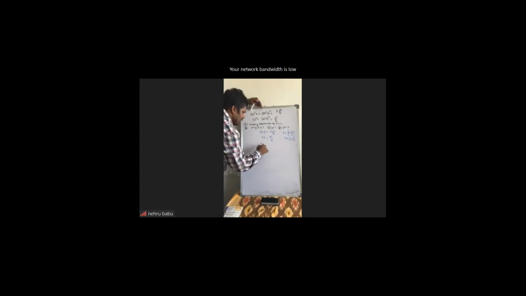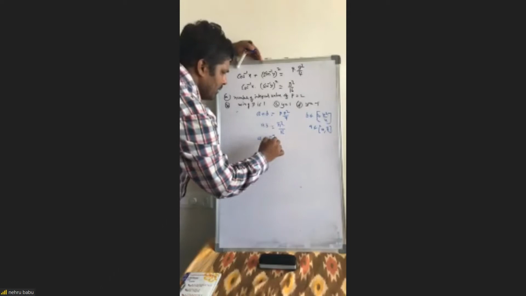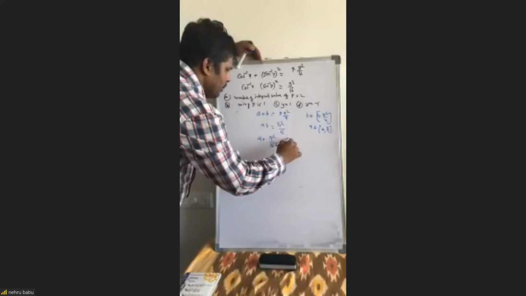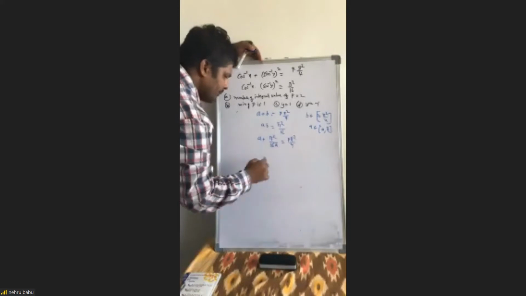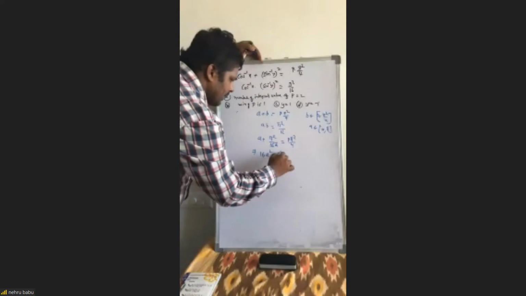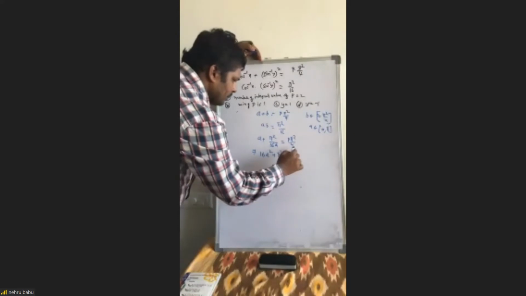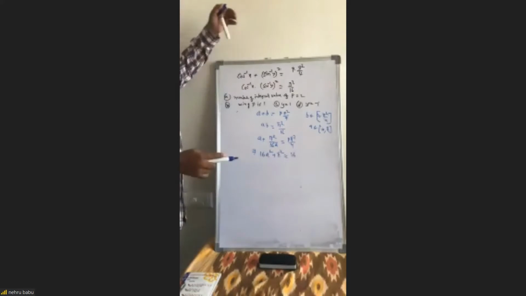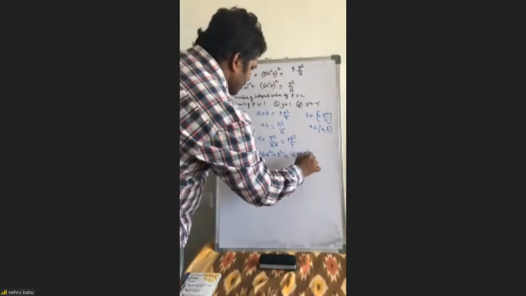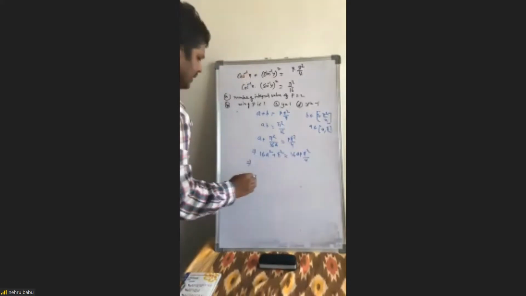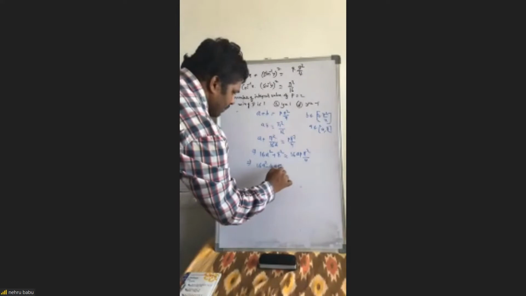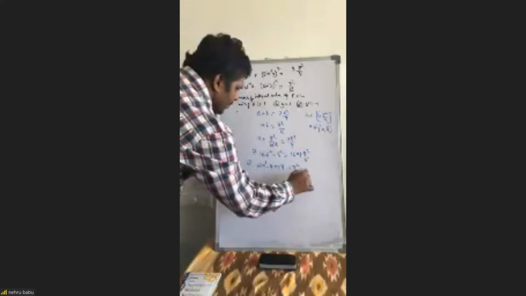We can write a and b as a quadratic, no, sir. Yeah. So b is pi square by 16a here, equal to p pi square by 4. From this, 16a square plus pi square equal to 16a p pi square by... So calculate this equation: 16a square minus 4 a p pi square plus pi square equal to 0.